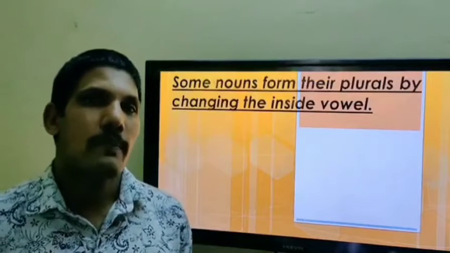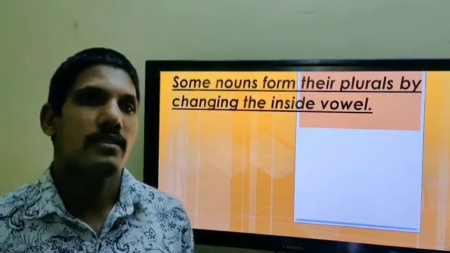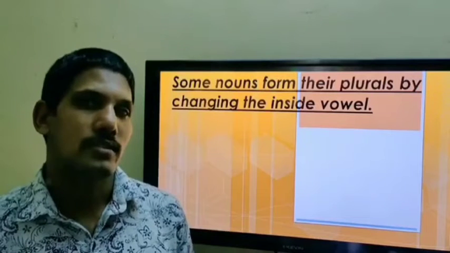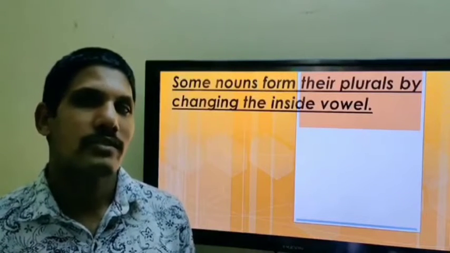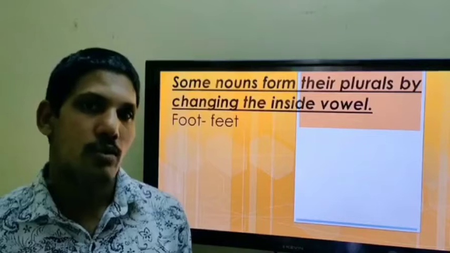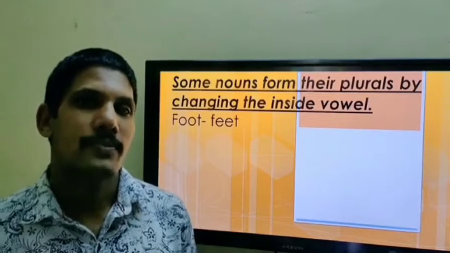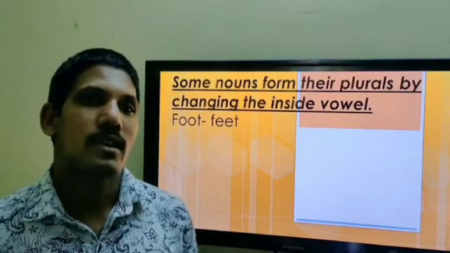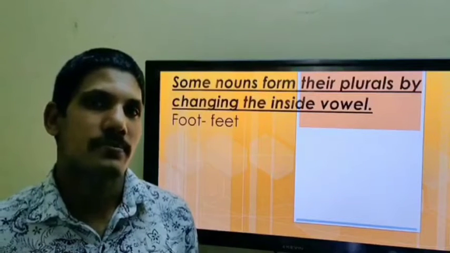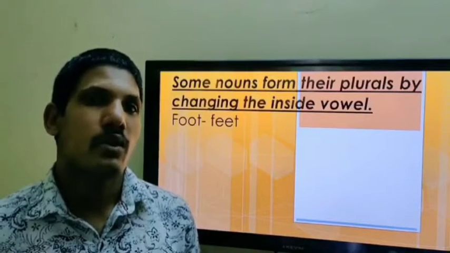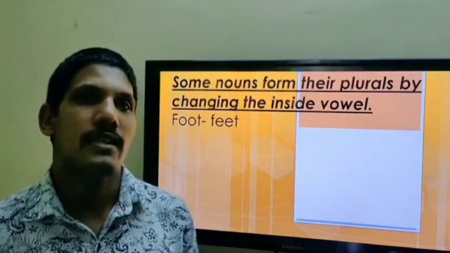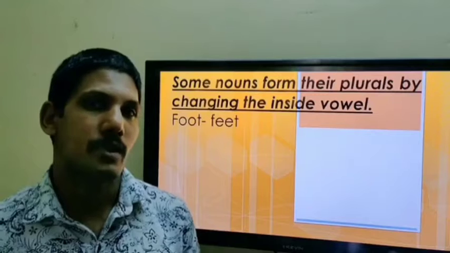Now, what happens when there are vowels inside the word? As we see, they undergo a change, that is, the inside vowels are changed. Like we have foot, which becomes feet in its plural form.